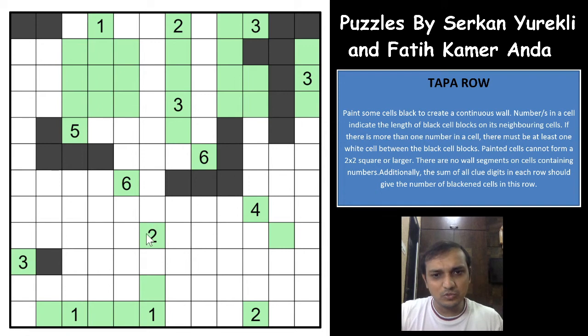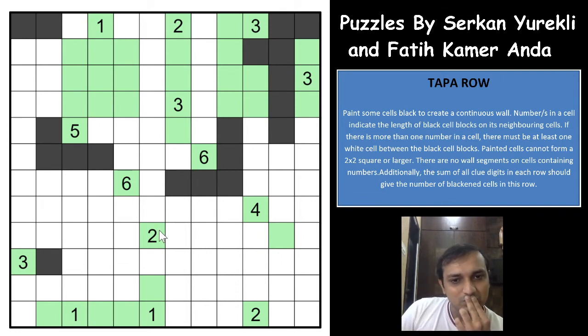And that gives you that the 2 clue here will use one shaded cell directly going up for this group of shaded cells, and one shaded cell here directly going up for this group of shaded cells. Which means that this cell cannot be shaded.